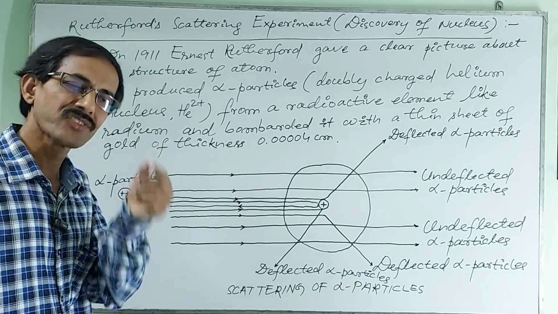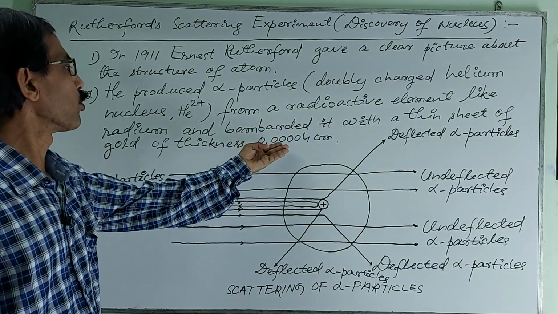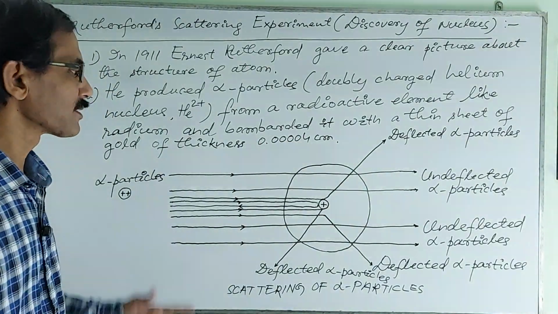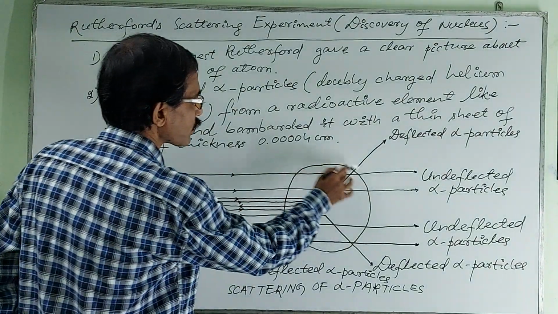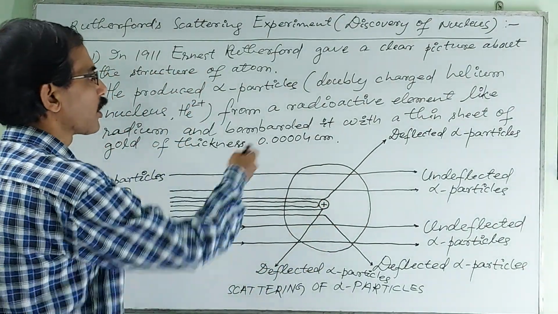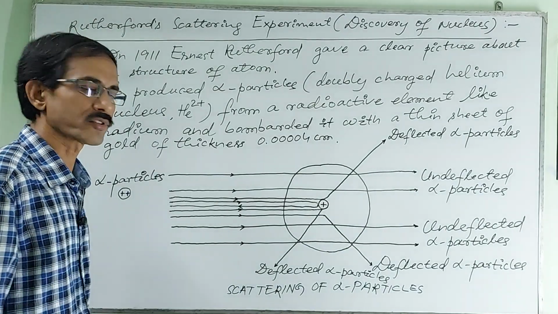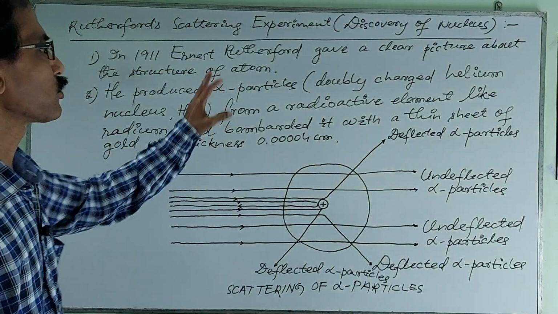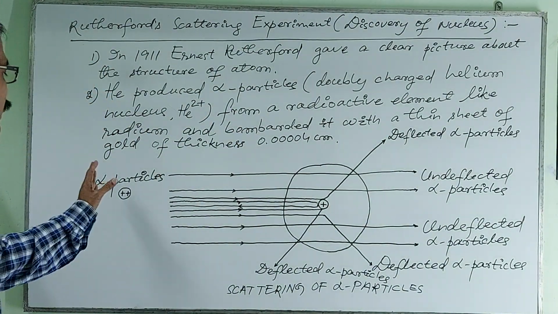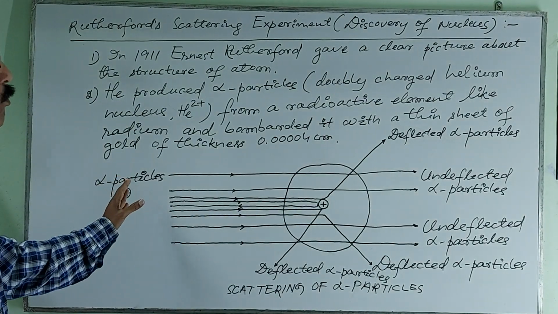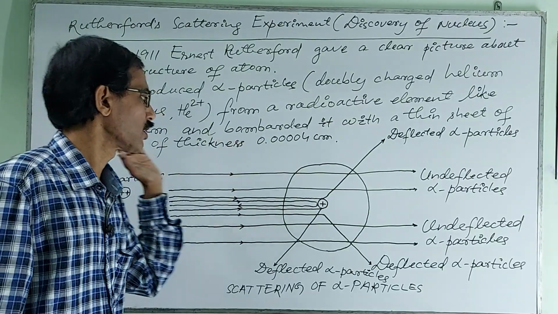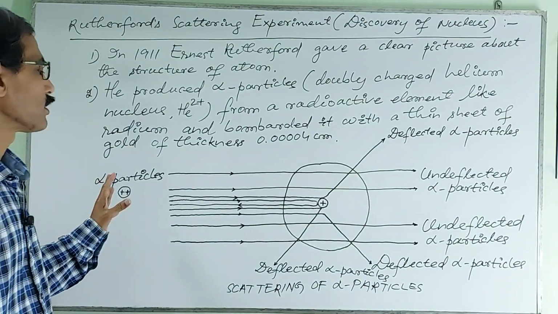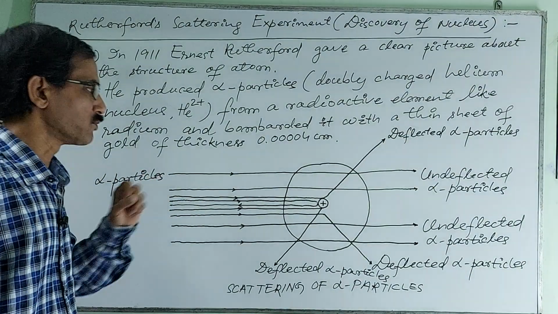A very extremely thin sheet of gold, whose thickness is 0.00004 centimeter. Let's see, my students. This is the gold foil whose thickness is 0.00004 centimeter, and alpha particles were produced from a radioactive element like radium, and these particles were bombarded, struck, attacked with this thin sheet of gold, and Rutherford observed.